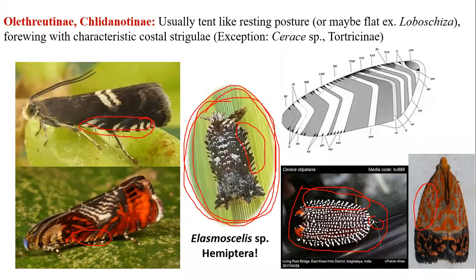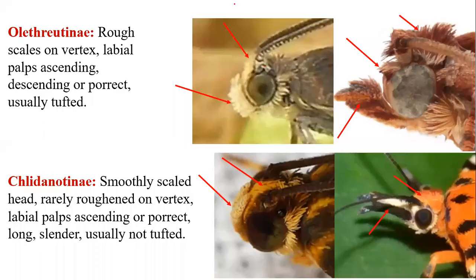Possibly this characteristic is part of their defense mechanism, or possibly it's a mimicry, or possibly it's a mere coincidence, whatever it is. Now the question is how to differentiate subfamily Olethriutini from subfamily Clidanotini. Let's try to understand this difficult part.